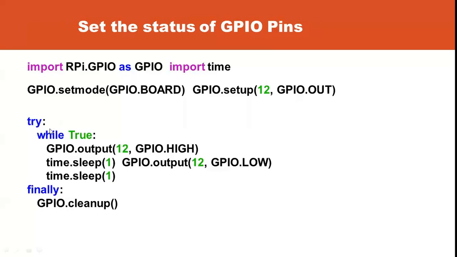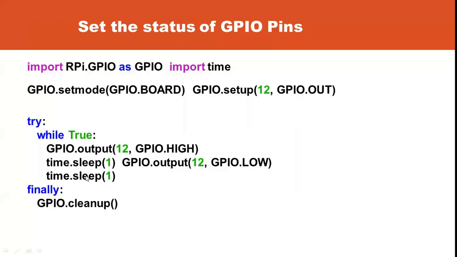So here we are using the try catch block. So try, here while true, which means an infinite loop. So we are writing the output to pin number 12. Pin number 12 we are passing the value high. Then the system will sleep for 1 second. Then after that, again we are sending the low value to the same pin number 12.